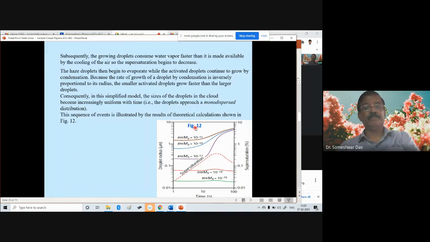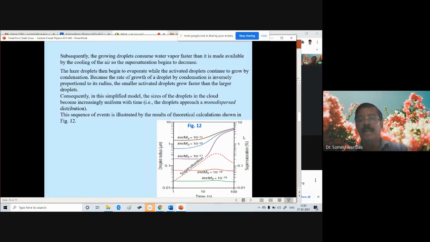Okay, the sequence of events is shown in this figure by theoretical calculation. What it shows here is the growth of the droplet radius versus time. Okay, time is on the x-axis. On the y-axis, one side is the droplet radius and the other side is the supersaturation.